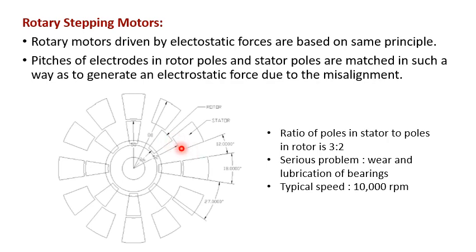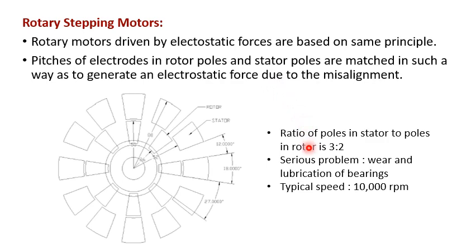Just like in linear motors, the pitches of the electrodes in the rotor and the stator poles are mismatched in such a way that an electrostatic force is generated due to the misalignment of the energized pair of electrodes.